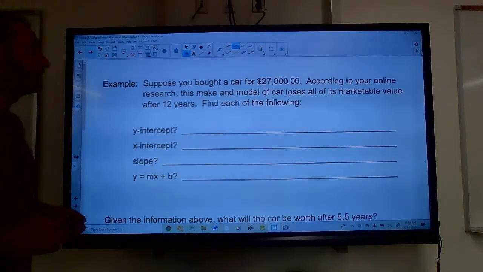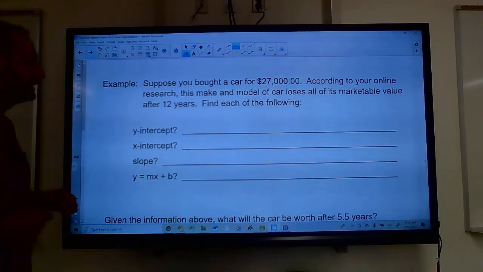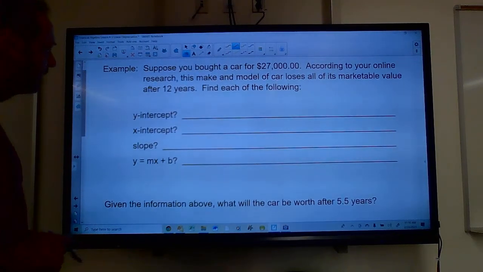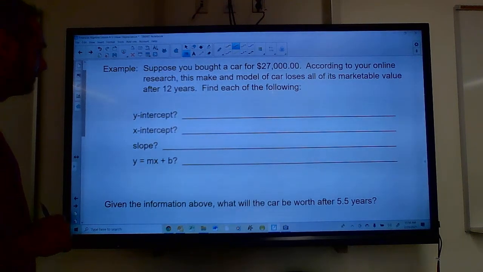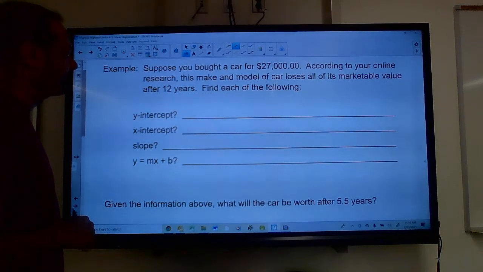Suppose you bought a car for $27,000. According to your online research, this make and model of car loses all its marketable value after 12 years. Find each of the following: the y-intercept, the x-intercept, the slope, and y equals mx plus b. The original price of the car is the y-intercept.